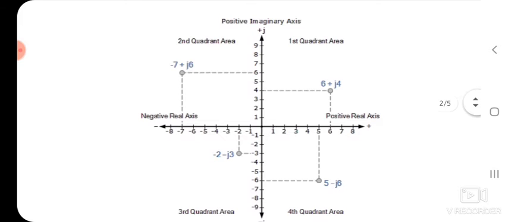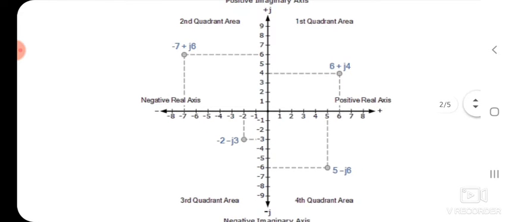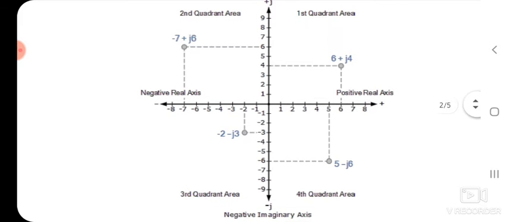Now, if both terms of a complex number are negative, meaning the real part is negative and the imaginary part is also negative, then that complex number is present in the third quadrant.